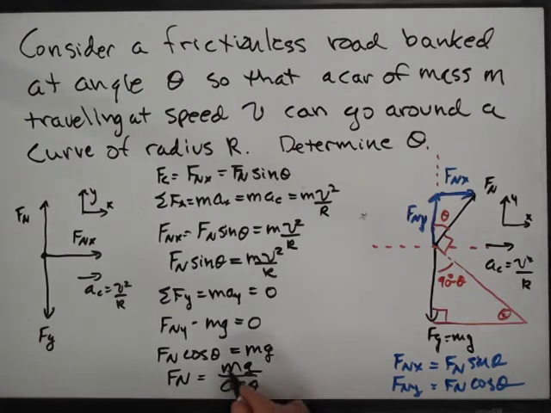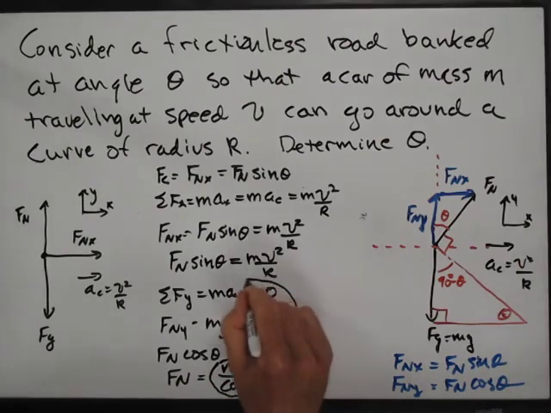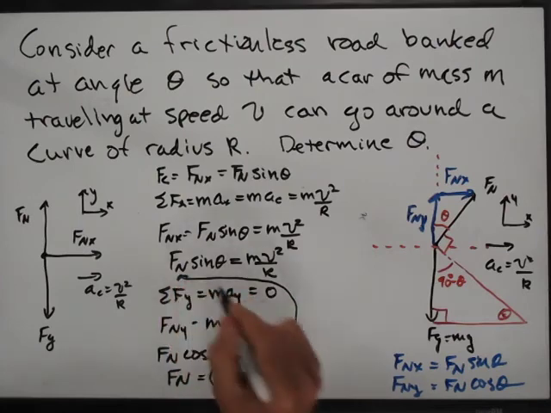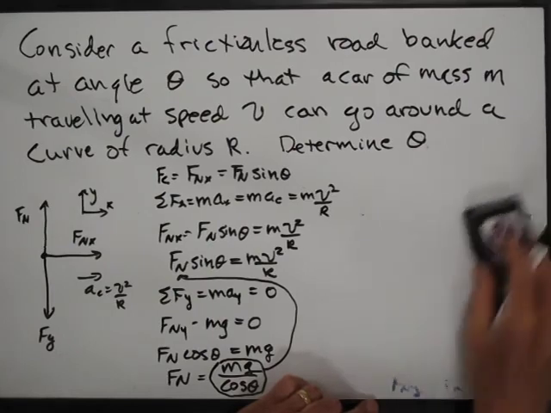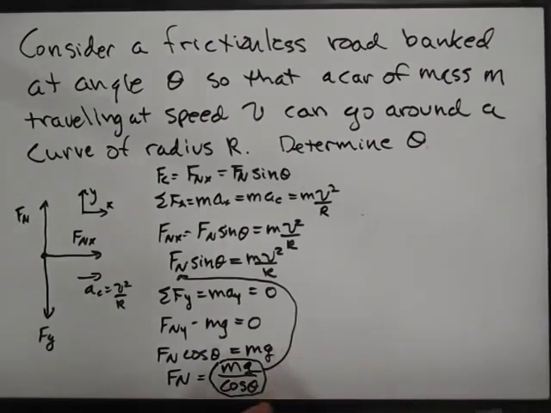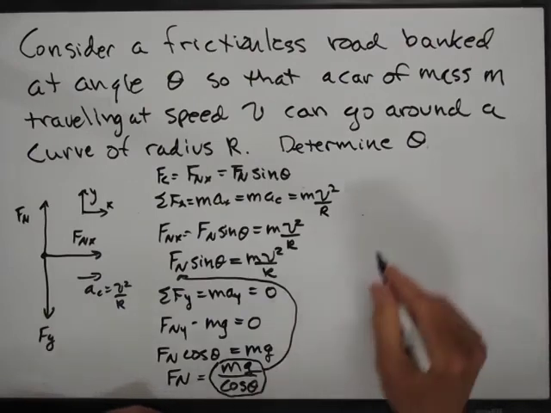And now I can take this piece here, which is equal to the normal force, and stick it in there, because what I'm looking for is a relationship between theta and v and r. I knew it was going to come out somehow, and I'm just trying to solve.